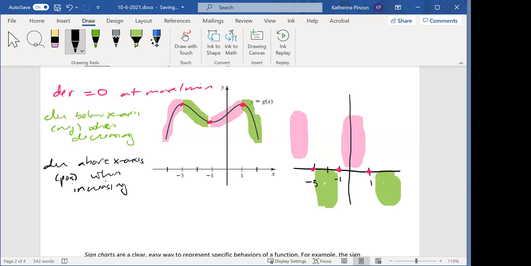Okay, so that's really all I know, right? I know I need a function that falls in the pink and green areas and crosses or touches the x-axis at those 3 dots. I don't really know a lot other than that.